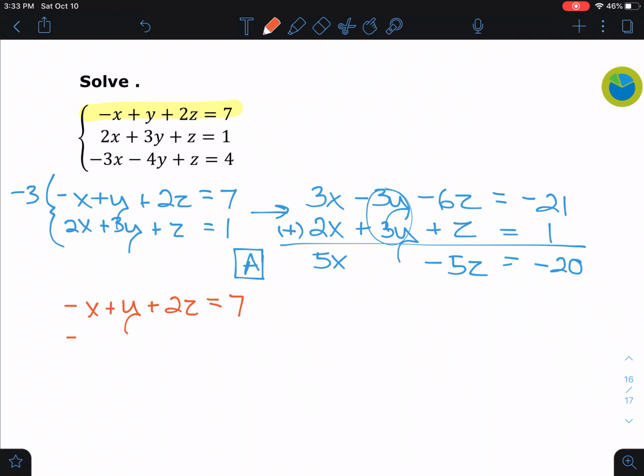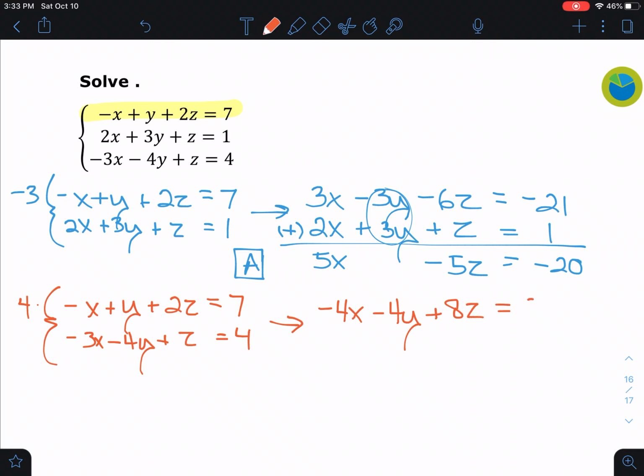So now we're still eliminating the same variable. So this means I'm eliminating y. I'm going to need to multiply the top one by 4. Okay, so we have -4x minus 4y plus 8z equals 28.